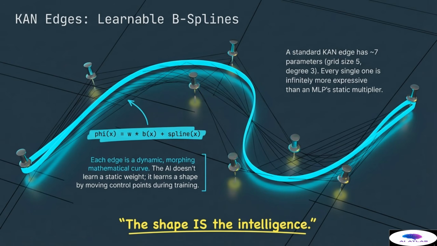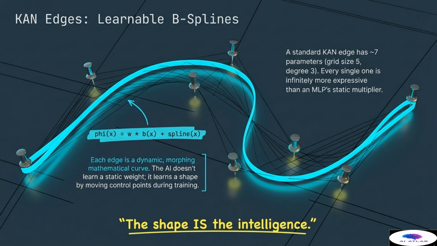Let's look closer at these active edges, which are built using learnable B-splines. In a KAN, an edge is not just a single number multiplier. Instead, each edge is a dynamic and morphing mathematical curve defined by an equation involving weights and splines. The AI does not just learn a static weight. It actually learns a specific shape by moving control points during the training process.